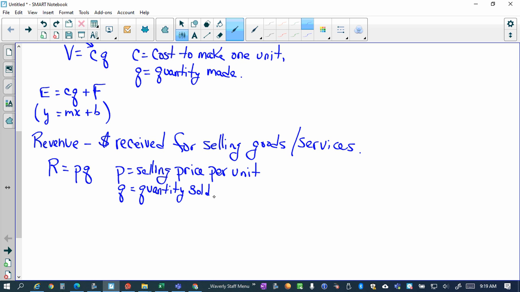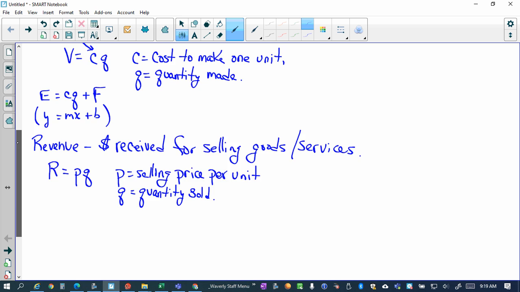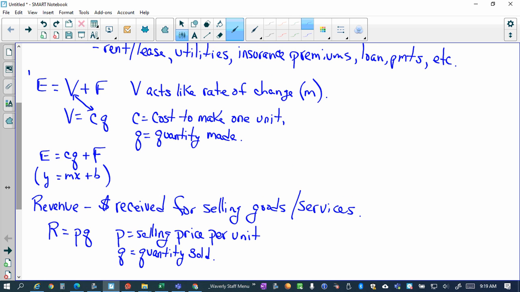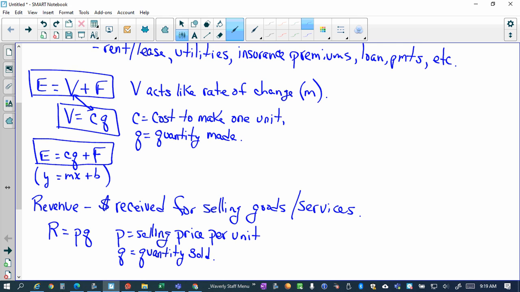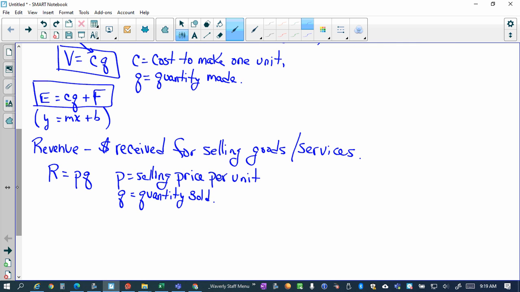We have another equation. So let me just make sure we box these so we can spot them and come back. That, and this one here, and then we got this guy after we substituted, and then we have revenue equals price times quantity.